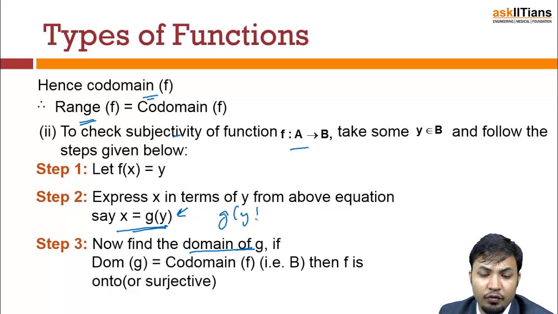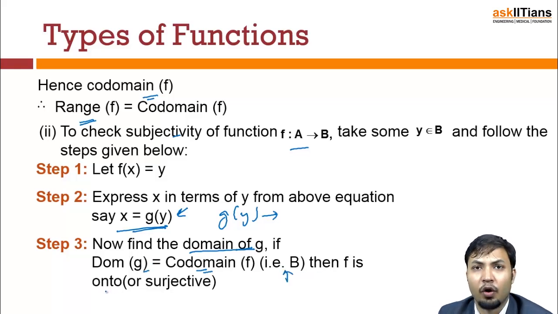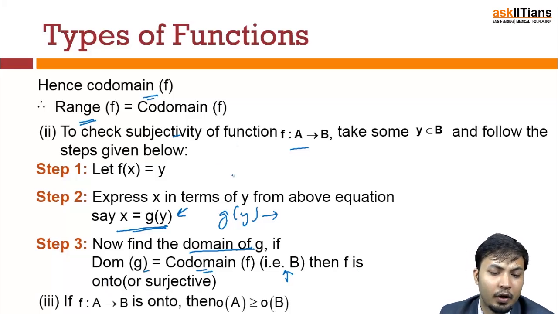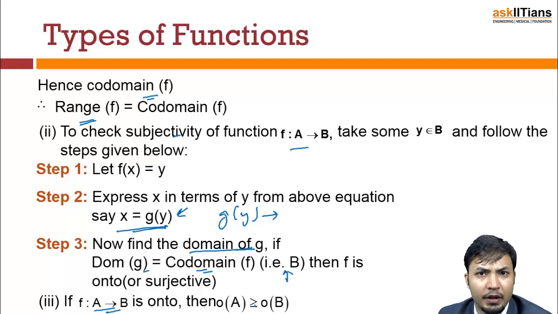If the domain of g is equal to the codomain of f, that is your B, then f is onto. Okay, a very simple three-step process. Alright, now if this is satisfied, then 0 of A will be greater than 0 of B.